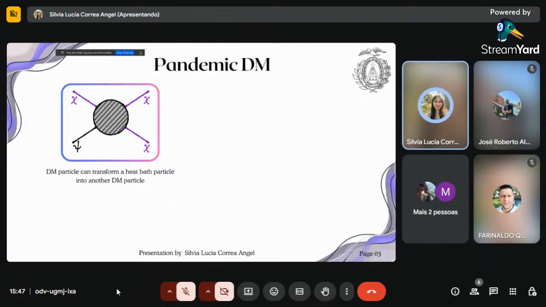So what is proposed here? It is the mechanism called pandemic dark matter, where they assume that a dark matter particle can transform a heat bath particle into a dark matter particle, as shown in this Feynman diagram.